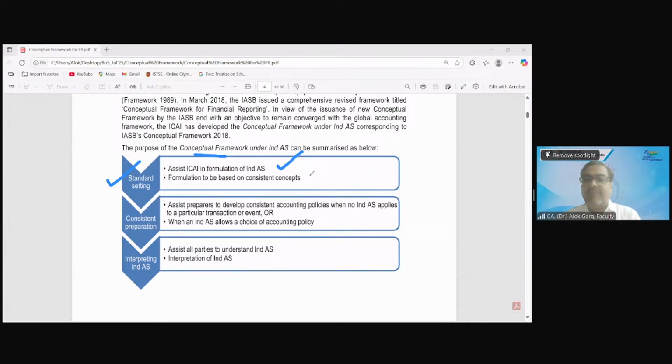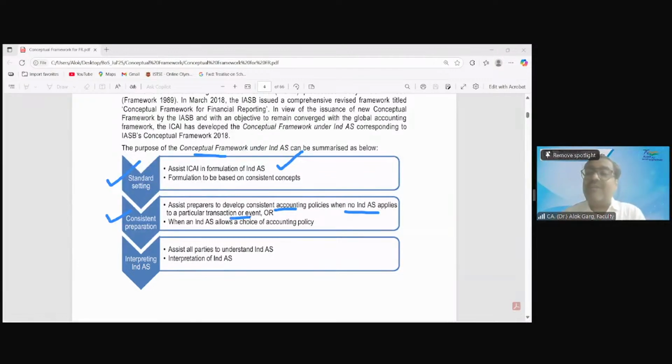So this framework is helping ICAI in preparation and drafting of Ind AS, and it is on the basis of consistent concepts, as I told you, like accrual, going concern, materiality, etc. Consistent preparation. This framework also assists the user or preparer to develop consistent accounting policies when no Ind AS applies to a particular transaction or event.